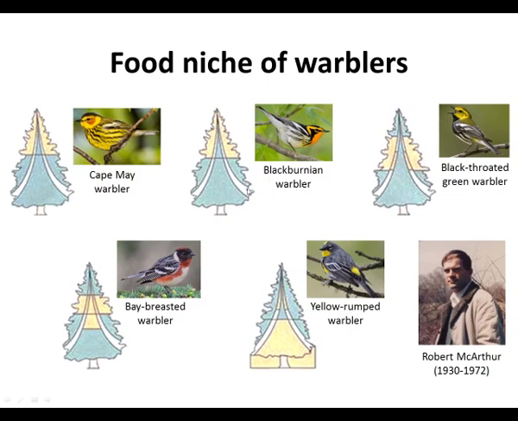Black-burnian warbler, pretty much the same area, but black-throated green warbler is actually feeding in the middle part of the coniferous tree. Yellow-rumped warblers mainly feed on the ground and the lower parts, and bay-breasted also have a very specific interior portion of the tree. So what is going on here?